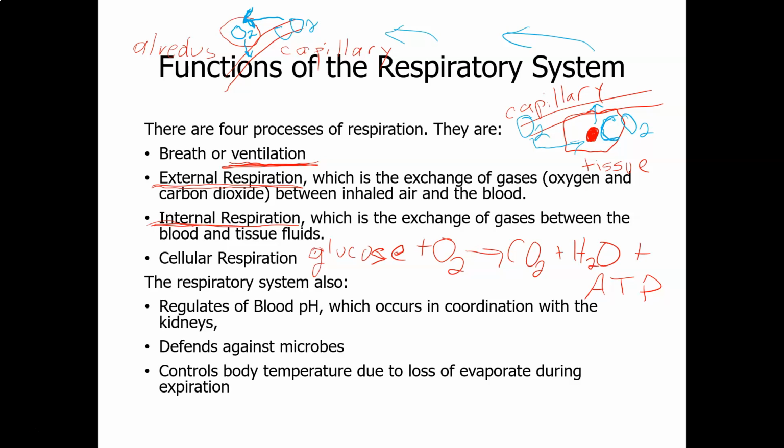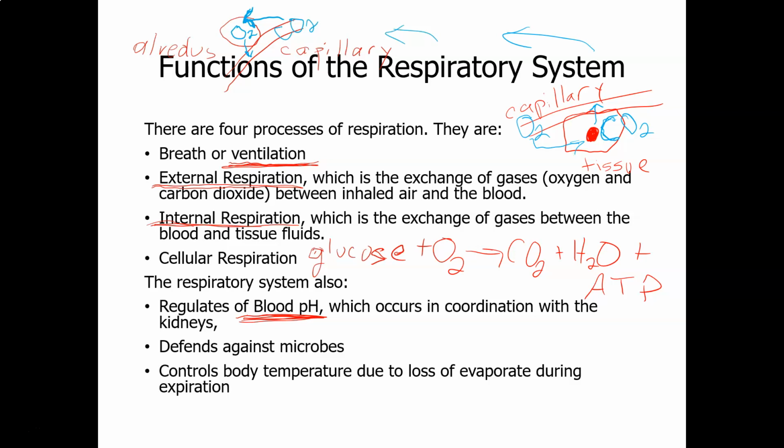Now, something else the respiratory system can do is help regulate blood pH. If your blood pH is too low, what your respiratory system can do is adjust the amount of carbon dioxide that remains inside of your body. Okay?